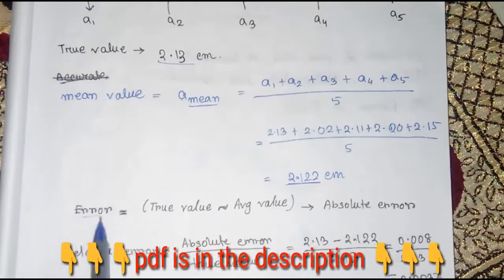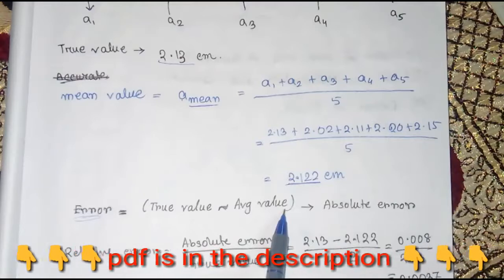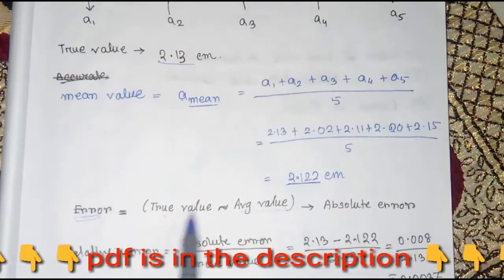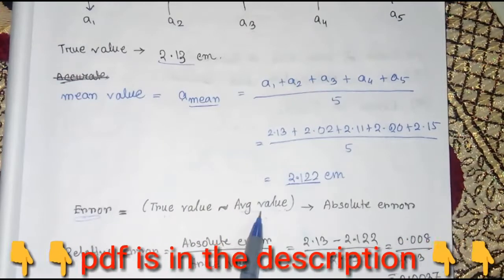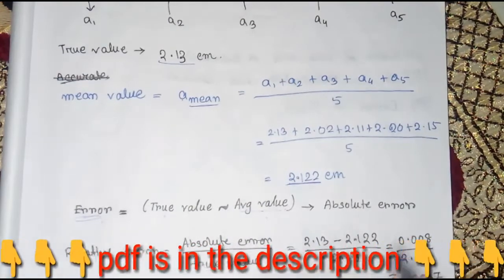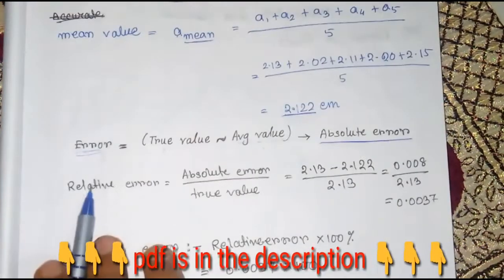So what will be the error? Error is the difference between the true value and the measured value. This is called absolute error.